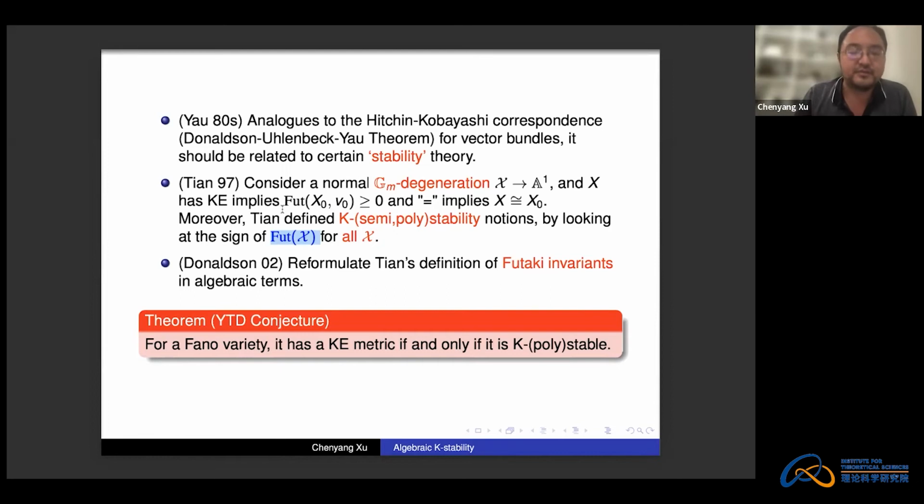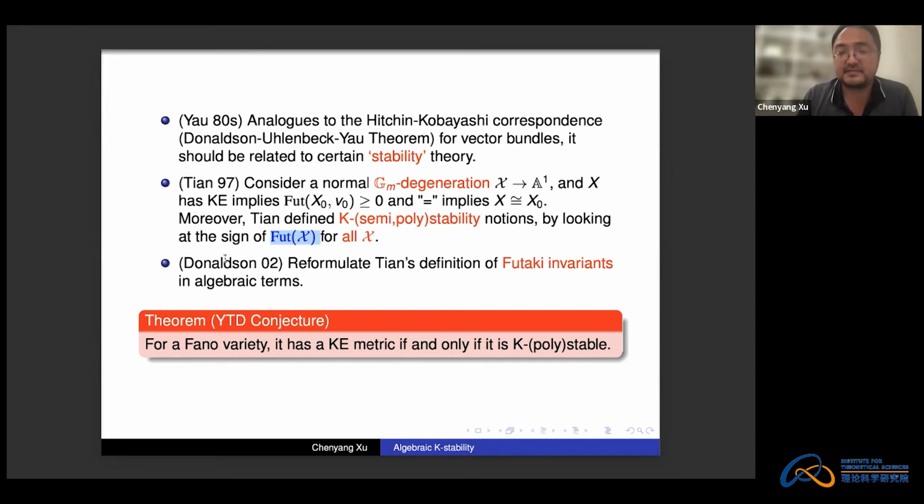After all, you put this together, and the conjecture made by what people call Yau-Tian-Donaldson is that a Fano variety has a Kähler-Einstein metric if and only if it's K-polystable. Here I haven't really defined what this notion means, but somehow the right-hand side is some algebraic condition, and the left-hand side is some metric condition.